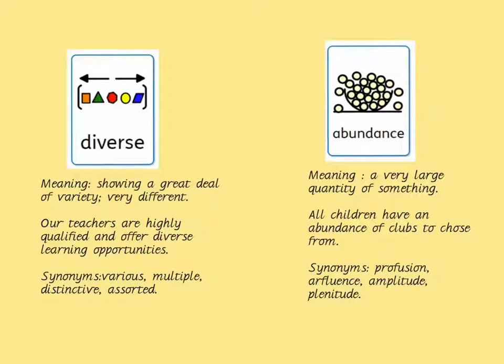Just as we saw, it means a great deal of variety. You can also use distinctive and multiple instead of diverse. Abundance. Your turn. It means a very large quantity of something. You can also use the words profusion, affluence, amplitude, plenitude. Abundance of choice, abundance of clubs.